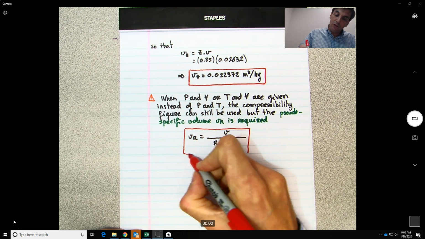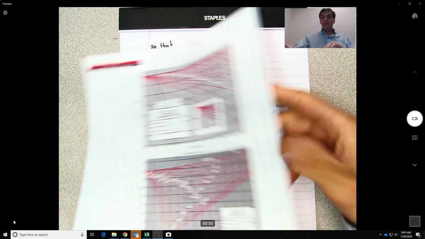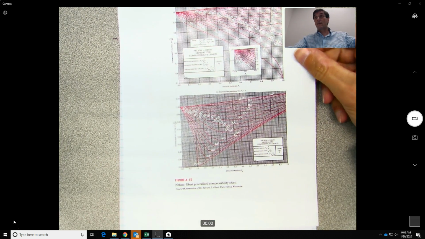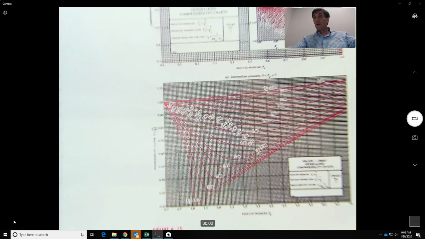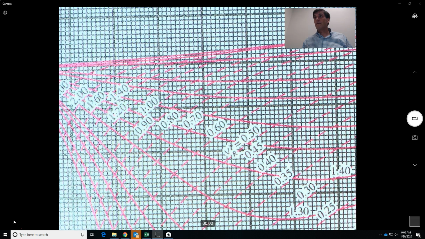Basically the procedure is exactly the same as we just did, except that if you go to figure A15, like I mentioned before, it is hard to see. Let's see. Okay, you found the contrast.